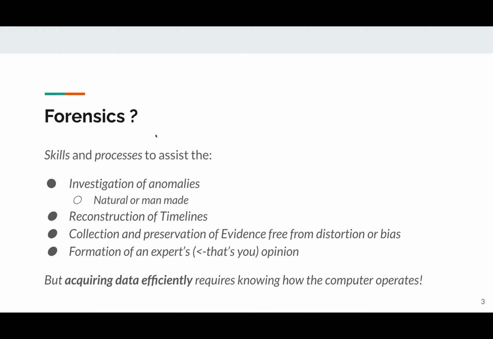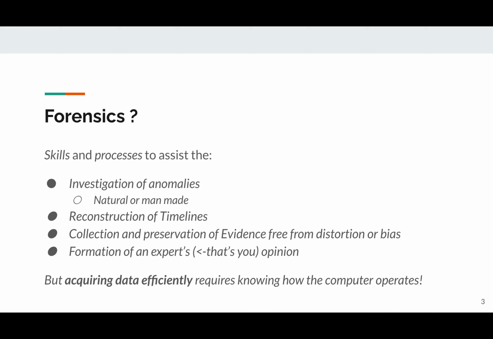The last part that I mentioned here is the formation of an expert's opinion. So we might be called to court to present our opinion on what has happened on a system, and to do that it is important to make note of bullet 3.